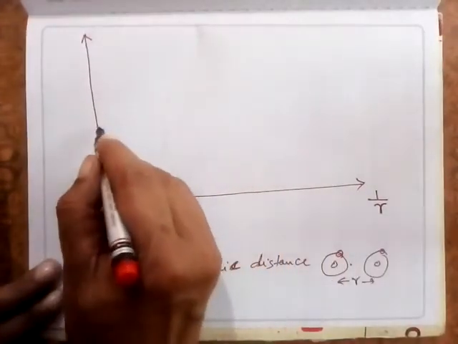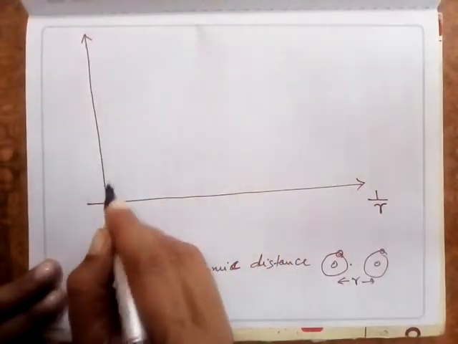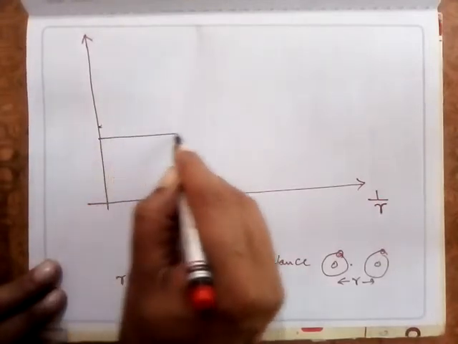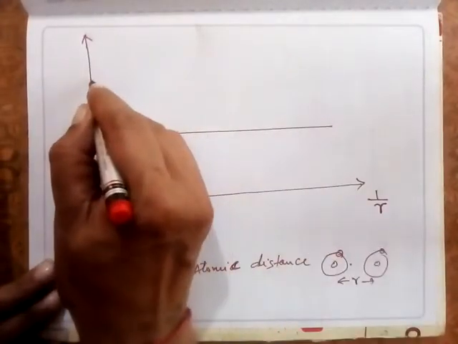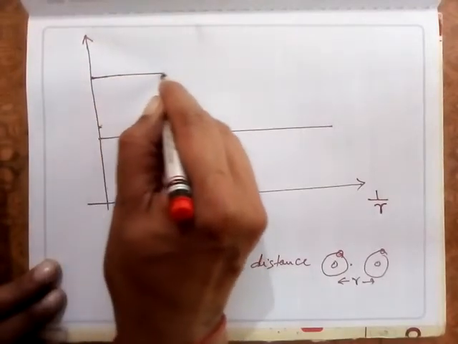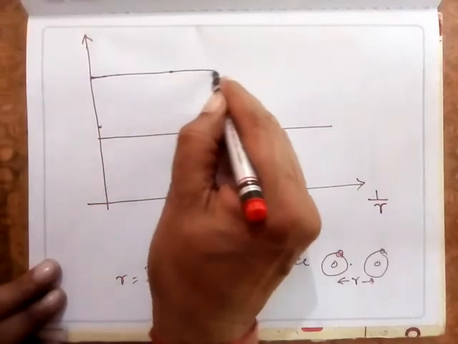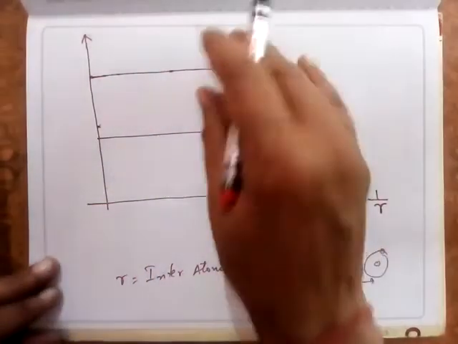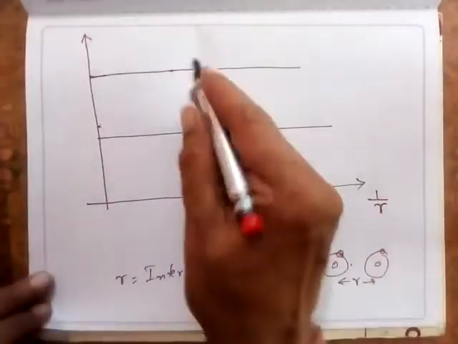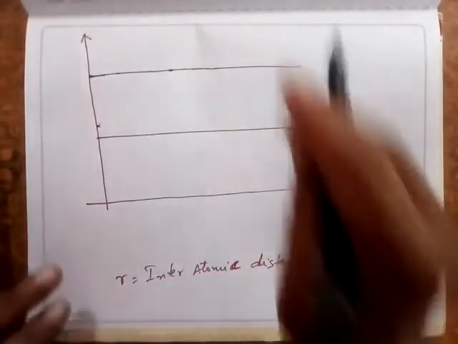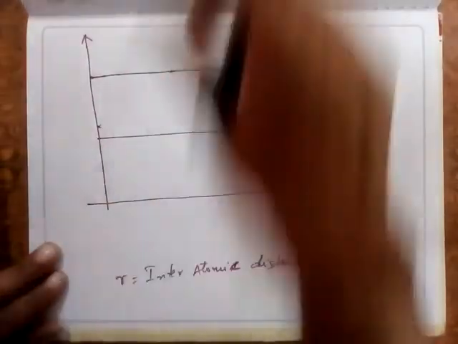Now let's take two levels. One level is this, and one level is this. Initially you have two levels.